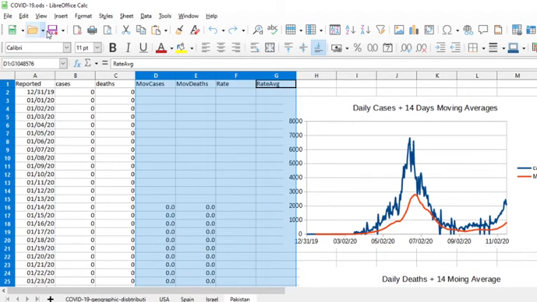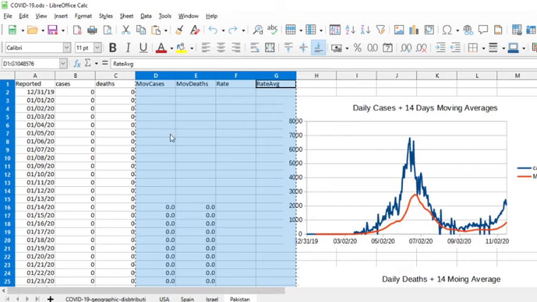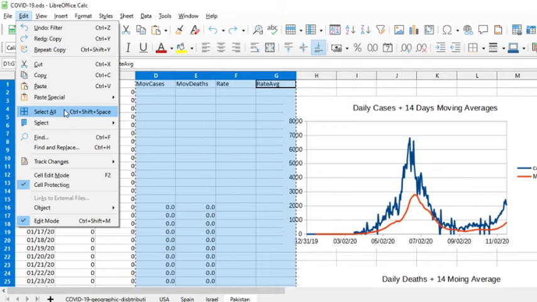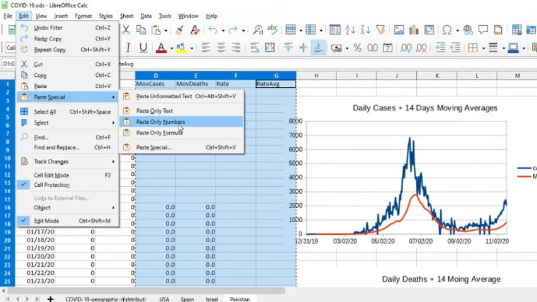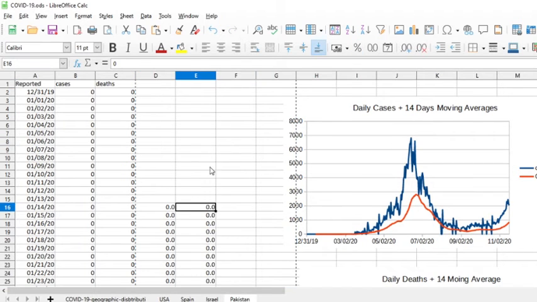Okay, here we go. Edit, copy, edit, paste, numbers. So now you can see it's a number and not a formula. So anyway, same situation up here.